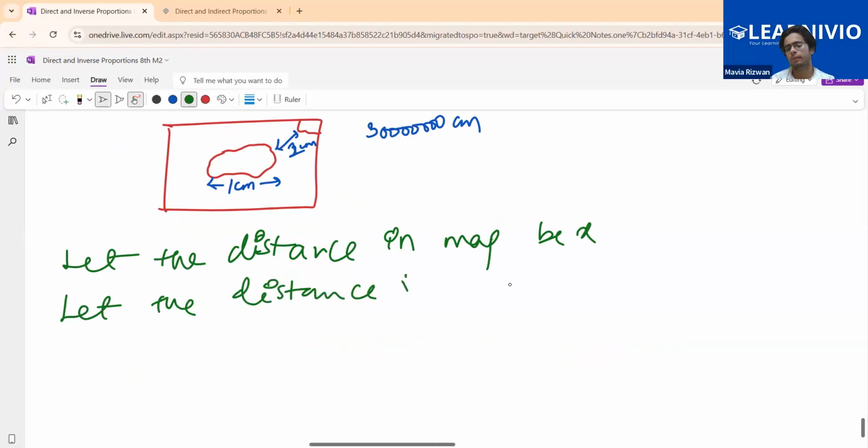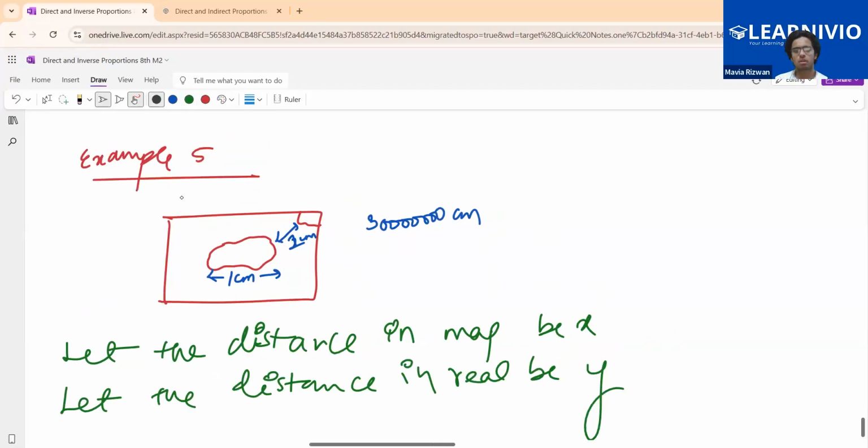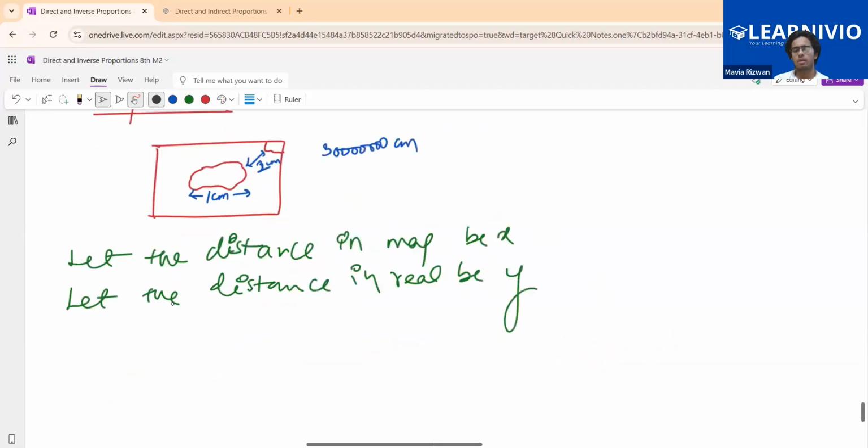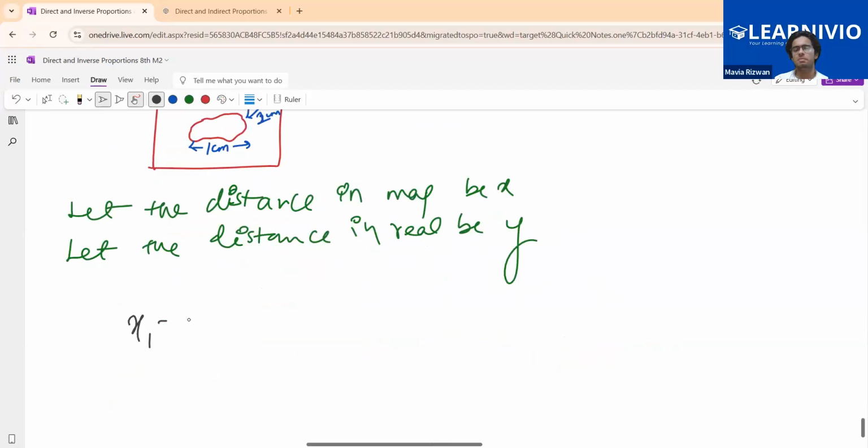Basically we can also do it by directly multiplying, the unitary method, but you see this one. Now x1 is given, that is distance in map is 1 centimeter. Corresponding distance, that is y1 in real, is equal to 3,00,000 centimeter. Now x2 is given, that is distance in map is 4 centimeter.